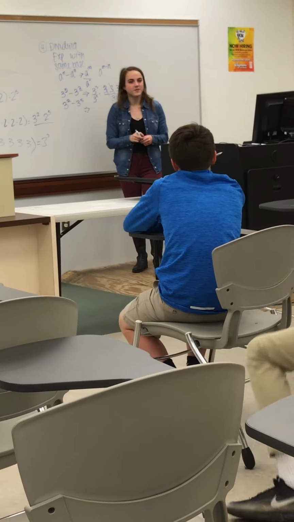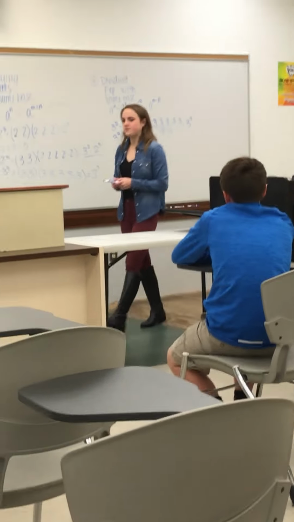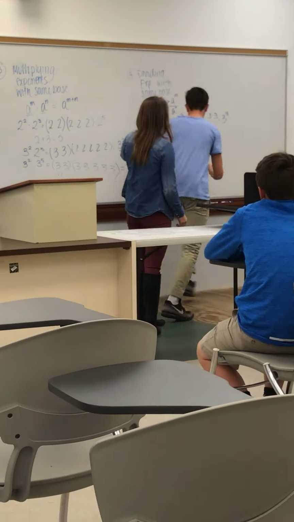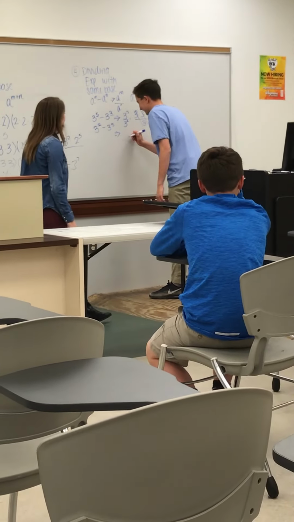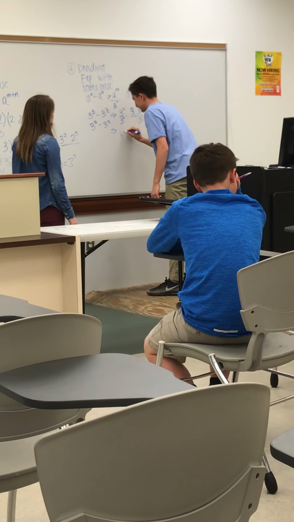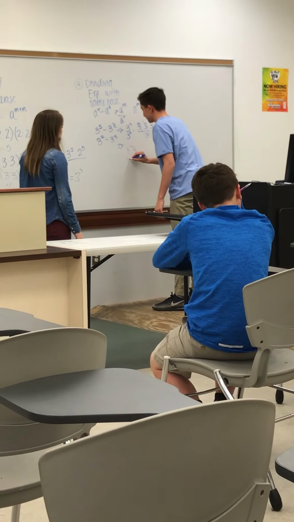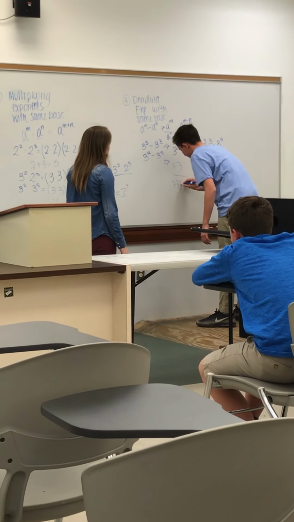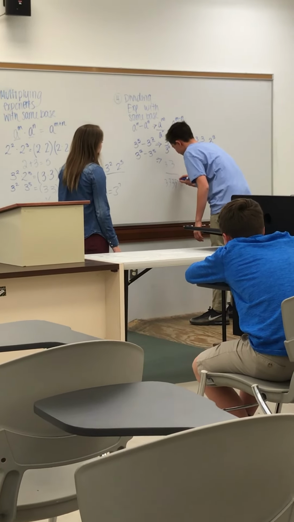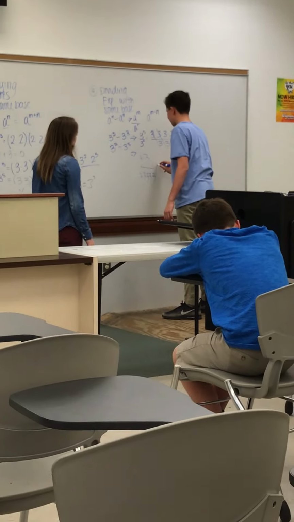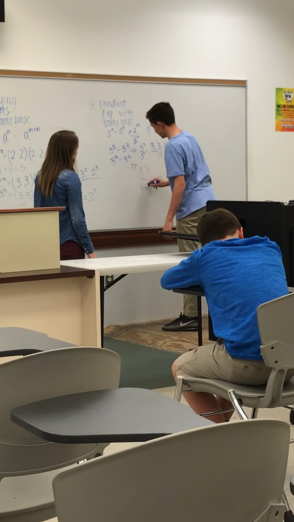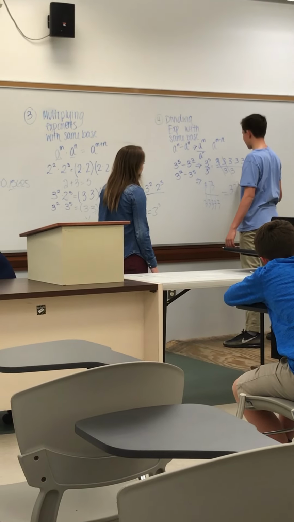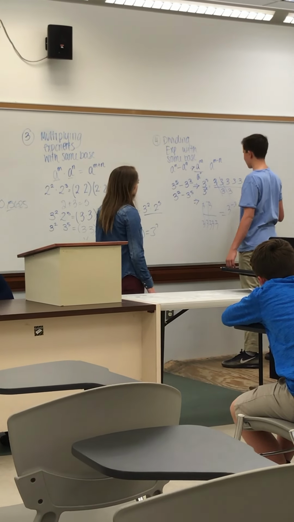Chelsea, come on. And then just write it like I did, but you can write it your own way. So it would be 3 to the negative 3 if it's on the bottom, but you can't have a negative exponent on the bottom.